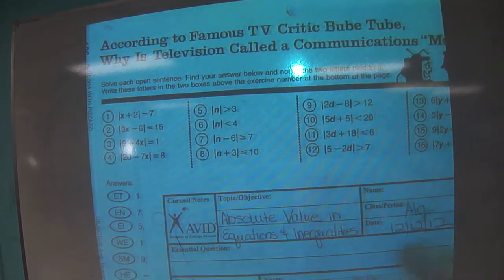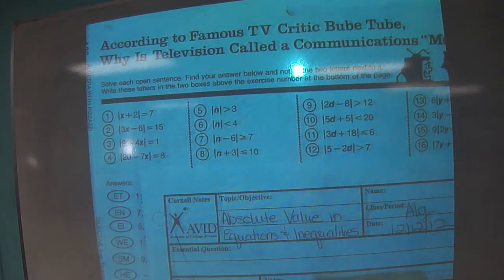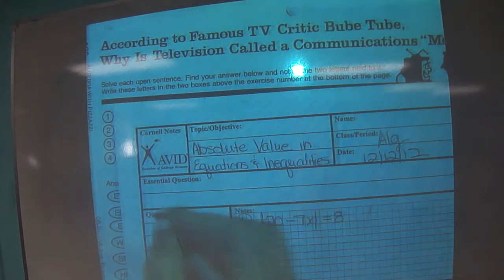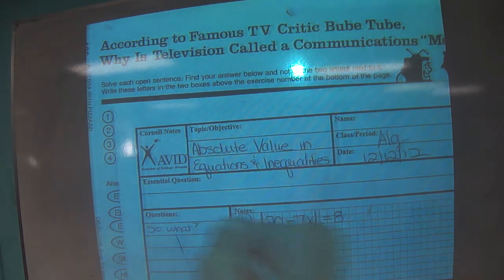All right, so problem 4 is the absolute value of 20 minus 7x equals 8. So our first question is, what's different about absolute value?